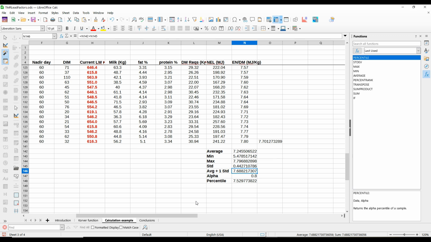You have control by using the percentile, or even 85. I know now that 85% of my cows will meet their energy requirements if the TMR energy content is 7.54 megajoules of net energy of lactation.